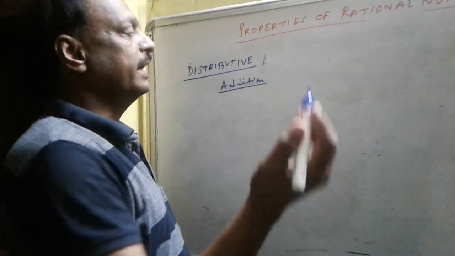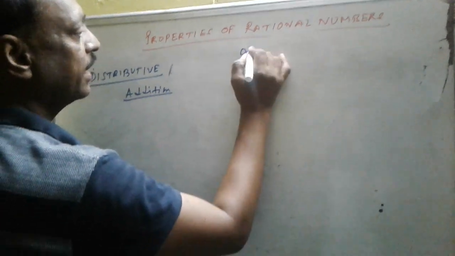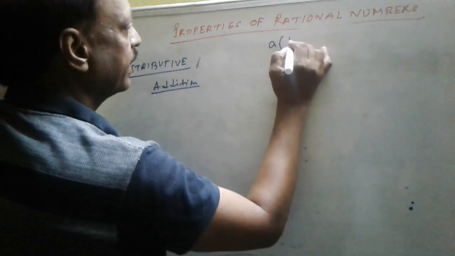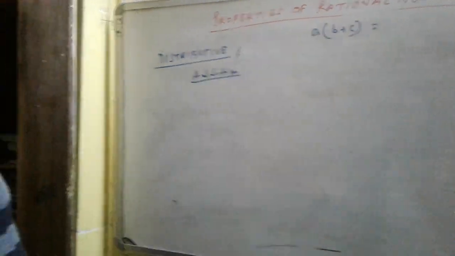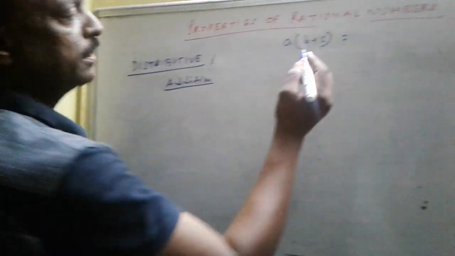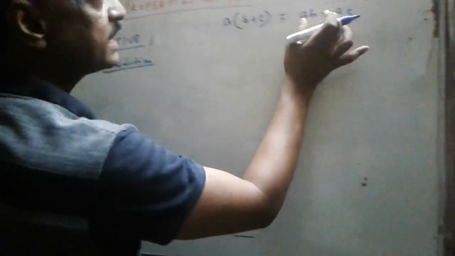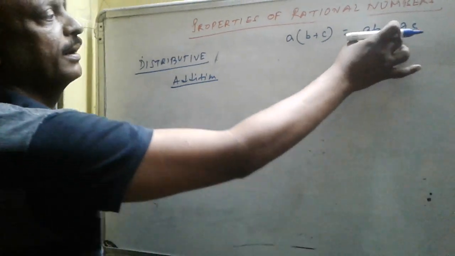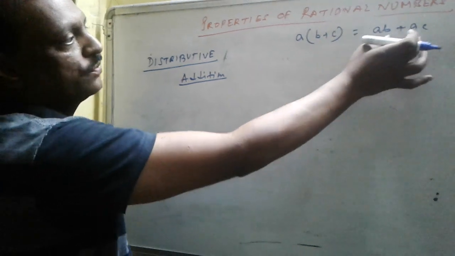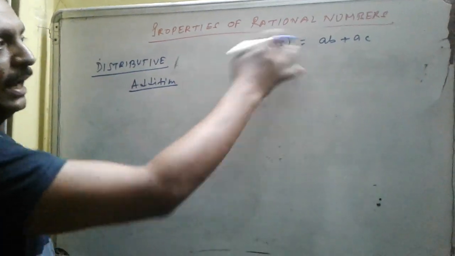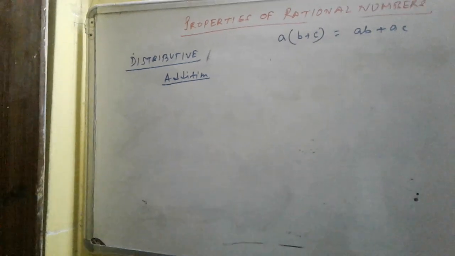Distributive property is like this, if you see any number in this form, suppose here is a and in the bracket it is written b plus c. Usually you write this number in this way, ab plus ac. It means a is taken common here, so the form is like this. If the numbers are written in this form, taking the common like that, then it is considered as distributive property.